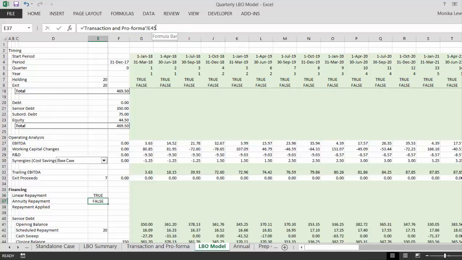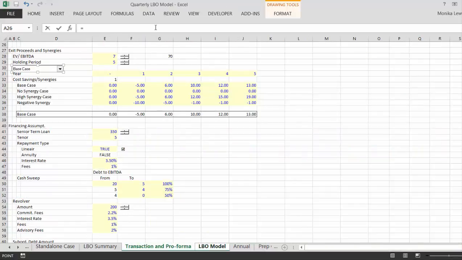So what we can do is just choose one of the two, okay, and then on this linear repayment, where's our repayment? We have a term of 5 years. If that doesn't match the holding period, we'd have some real refinancing problems.